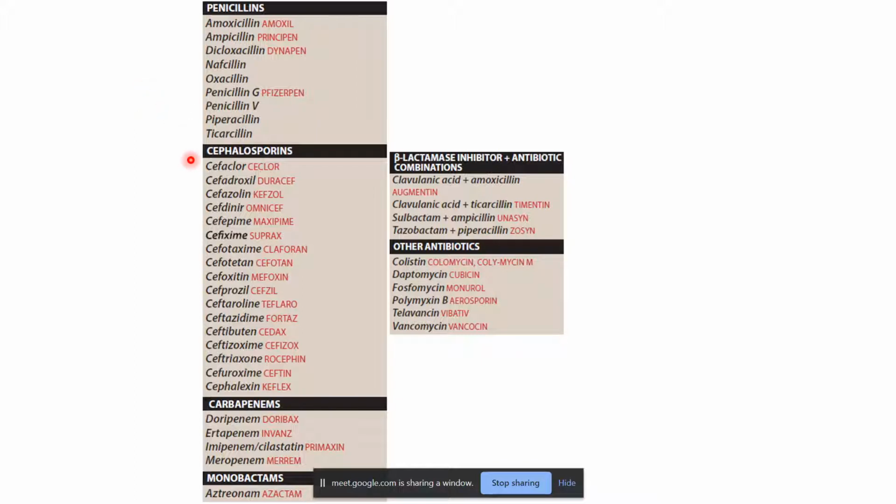Then the second group is cephalosporins, a huge group with four generations, which we will talk about later too.